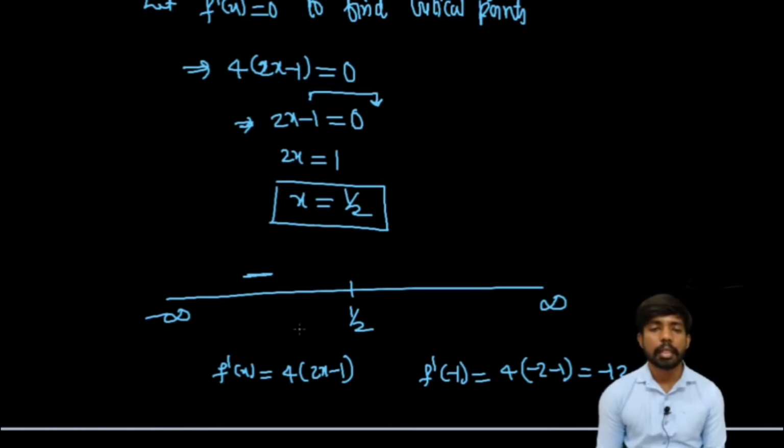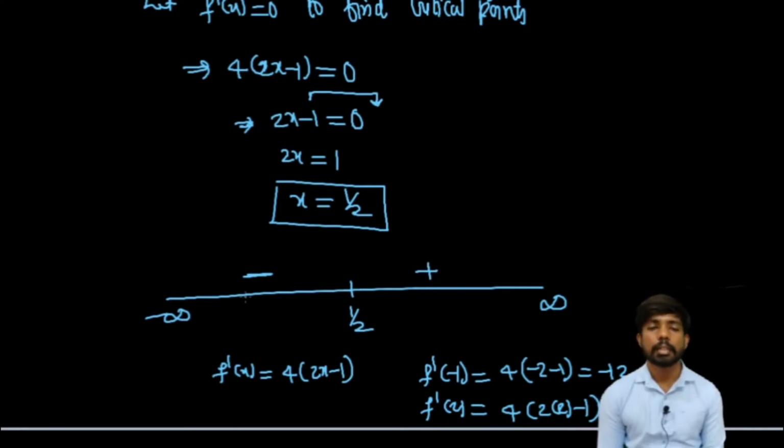Next, if I substitute any value from 1 by 2 to infinity, let us consider 2. Then f dash of 2 is equal to 4 into 2 into 2 minus 1. What is the result? 2 2s are 4, 4 minus 1 is 3, 3 4s are 12. This is greater than 0, positive.